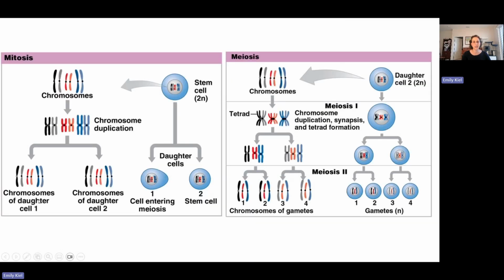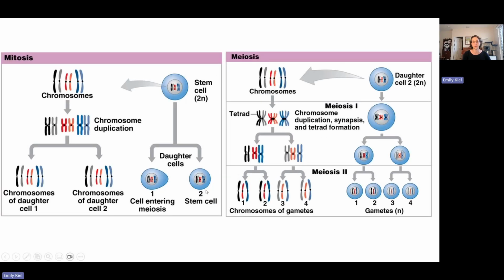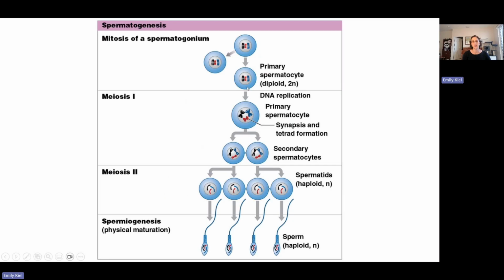So if I go back to this slide, this cell entering meiosis would be our primary spermatocyte. And we're still leaving behind this spermatogonium to continue the process. Your primary spermatocyte is still diploid, so still 46 chromosomes. It's going to replicate its DNA, still a primary spermatocyte. It's going to have synapsis and form the tetrads, and then it's going to become a secondary spermatocyte.